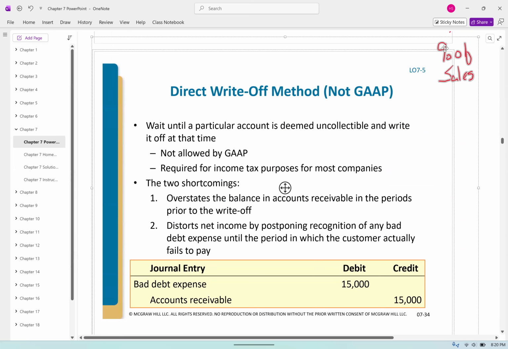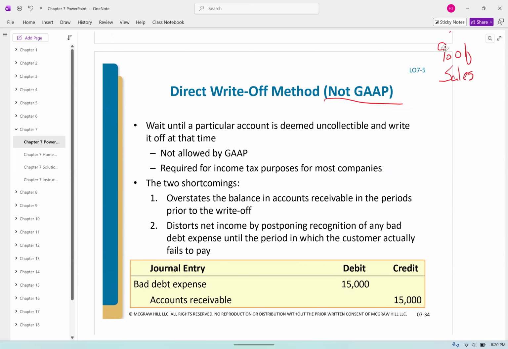Even though it's not GAAP, we can still use it. It is required for income tax purposes, but some businesses do not have a lot of bad debts. If they do not have a lot of bad debts, the allowance method is going to be really hard to estimate. The hotel that I worked at, we had very few bad debts.